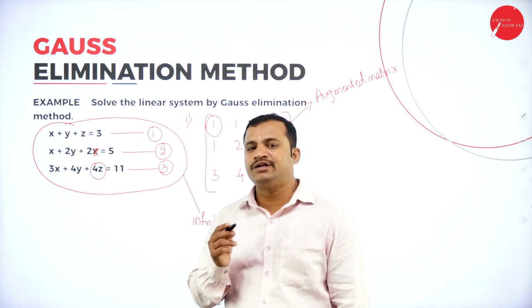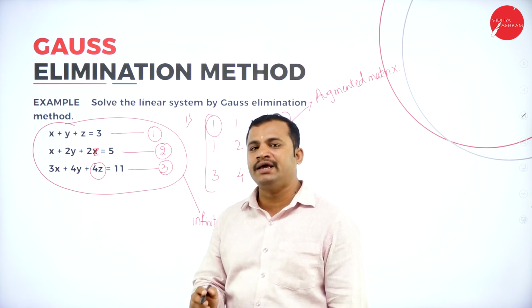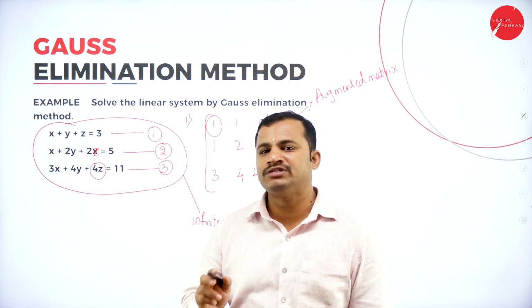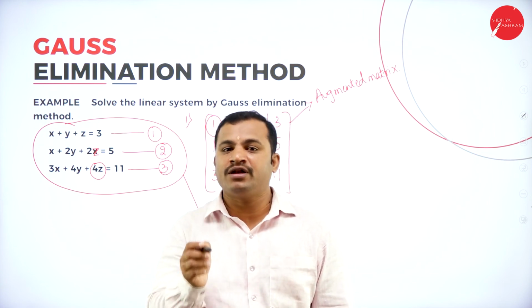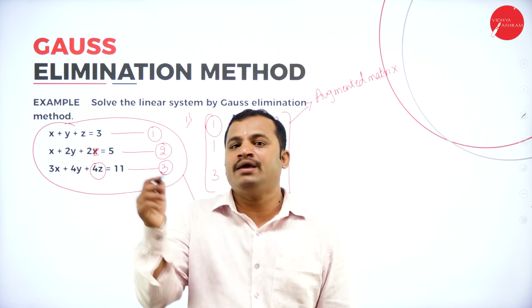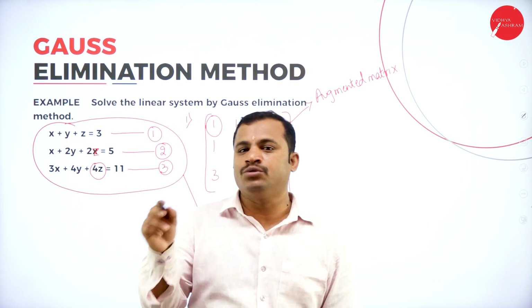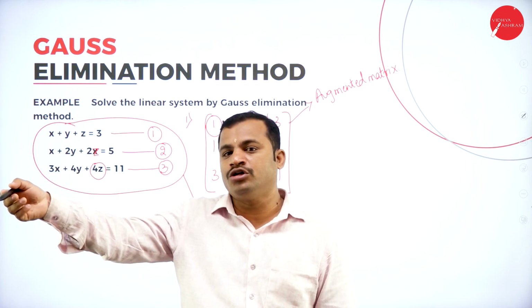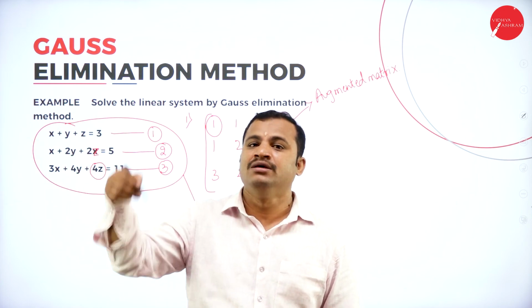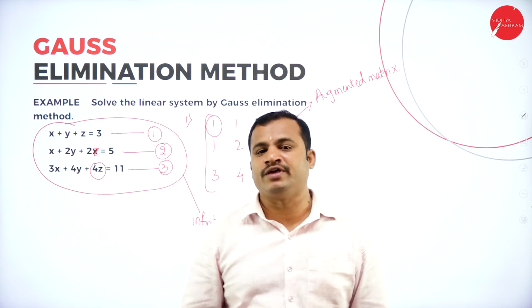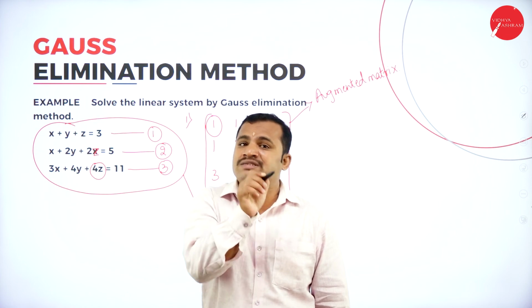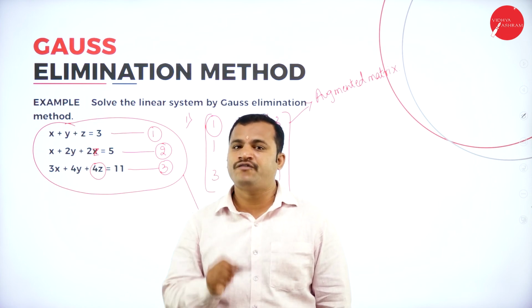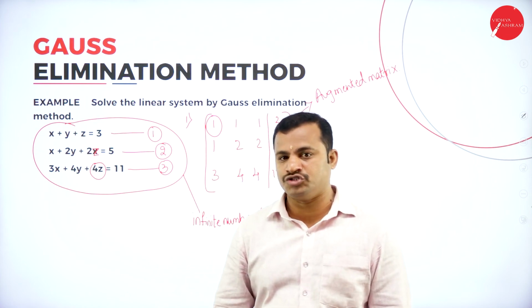If any of the terms x, y or z contains more than one value, then we say infinite number of solutions. There is another possibility where all of the terms x, y and z turn out to be 0 and it is equal to some non-zero value, then we say again there is no solution for such equations. So these are the two special cases in which we will not find any solution for the unknowns.